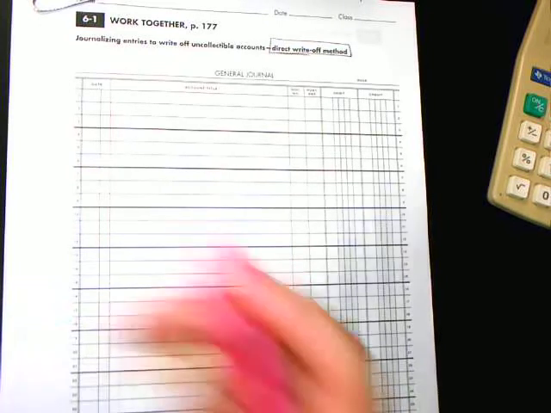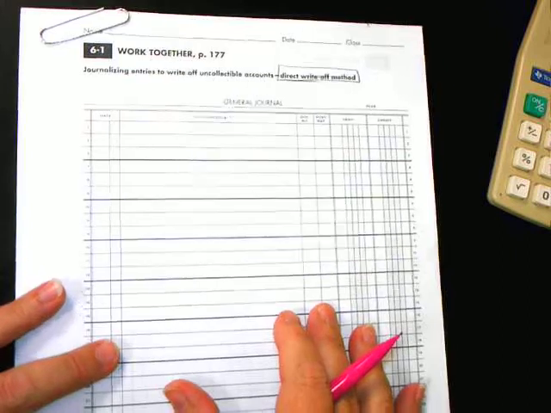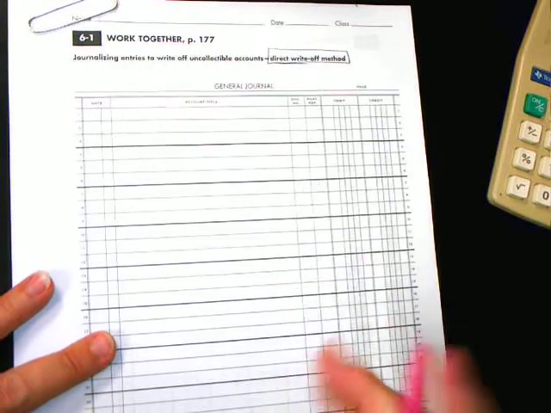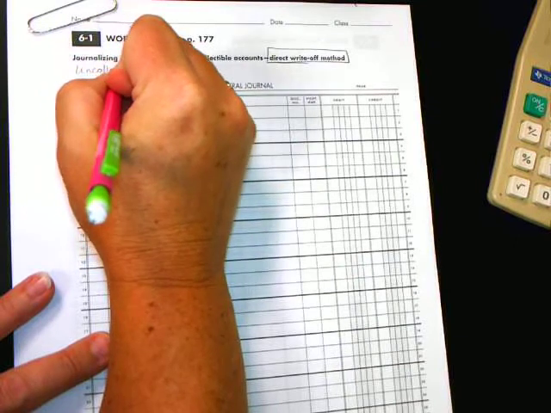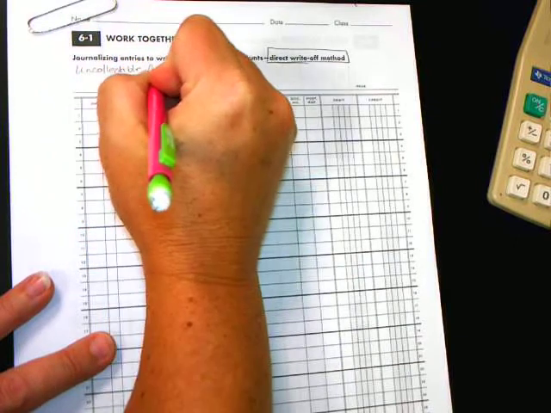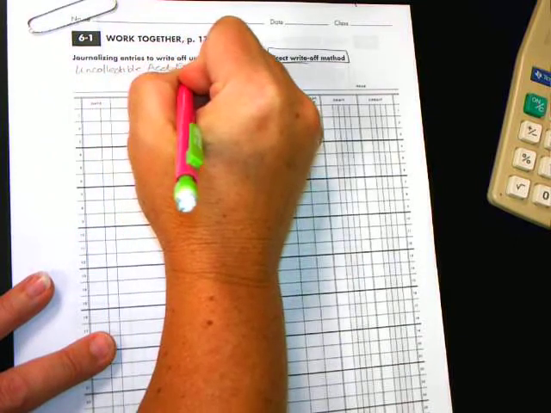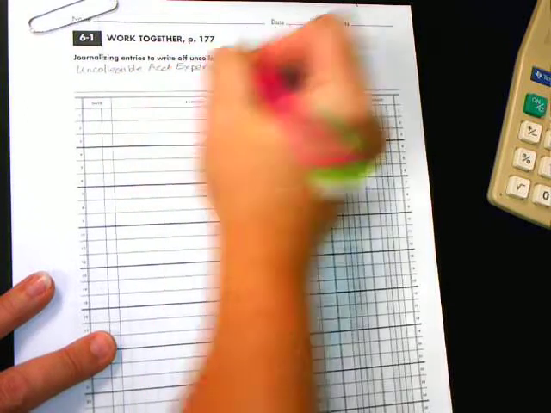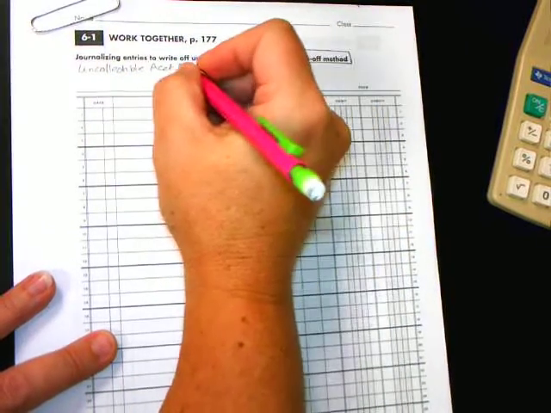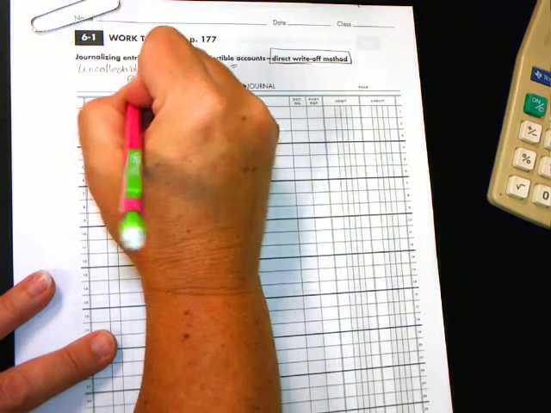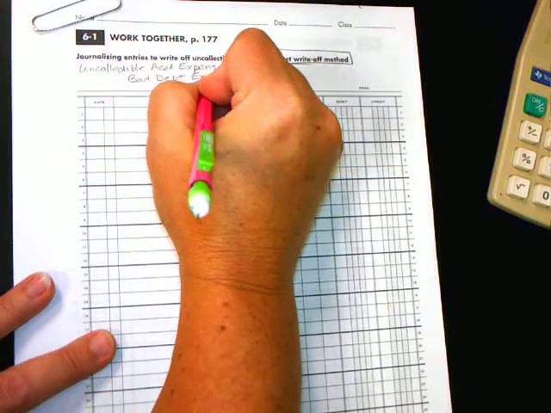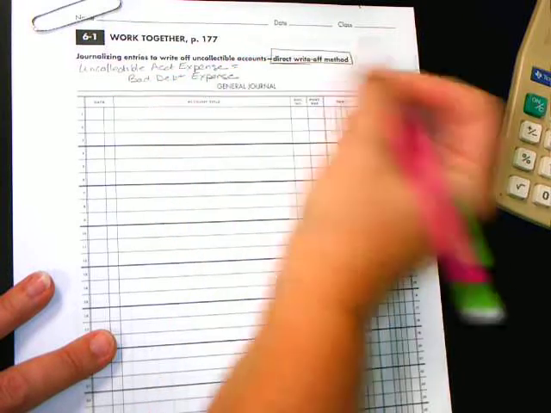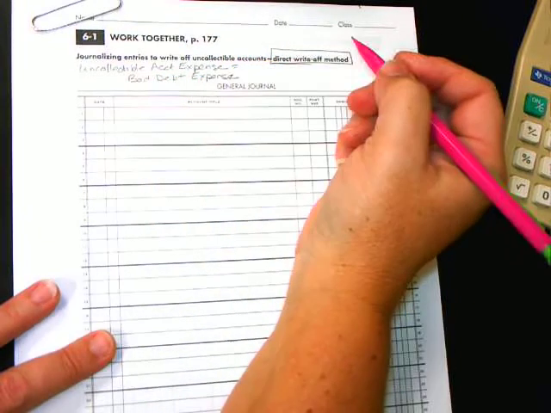So we have a new account called uncollectible account expense. And another word for this might be bad debt expense, just depending on what textbook, what people you're talking to.